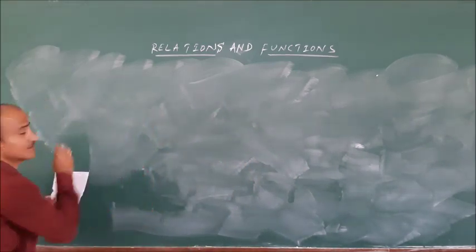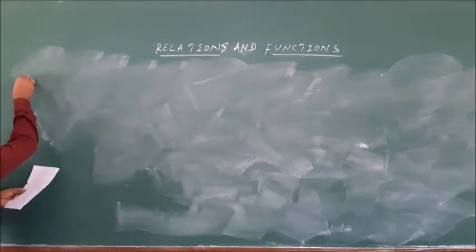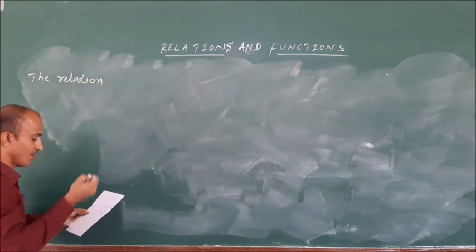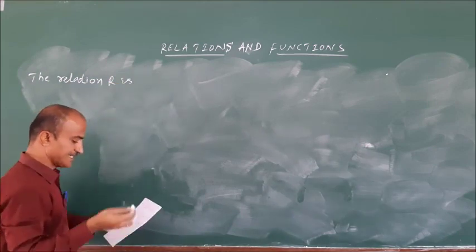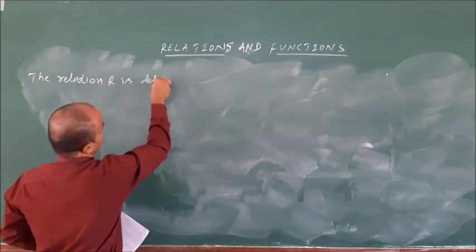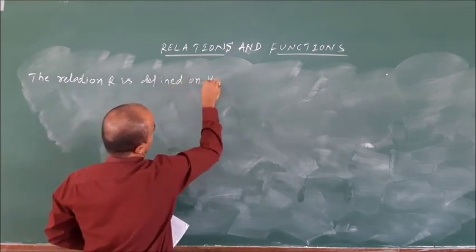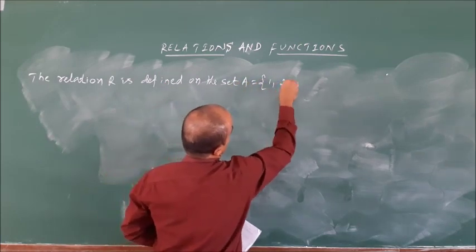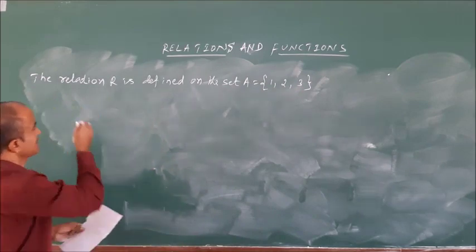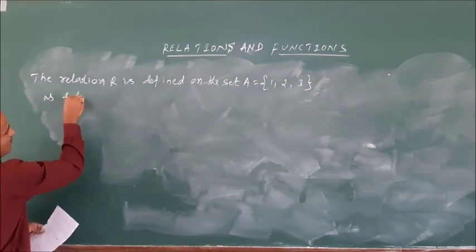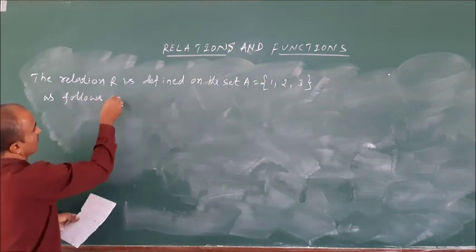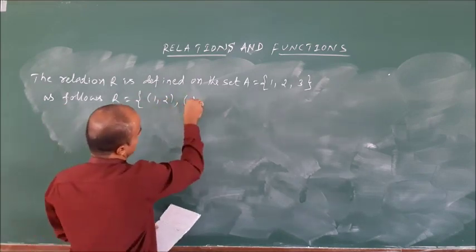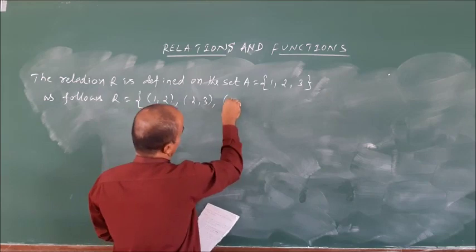We shall take one more example. The relation R is defined on the set A equals {1, 2, 3} as follows. R equals {(1, 2), (2, 3), (3, 1)}.